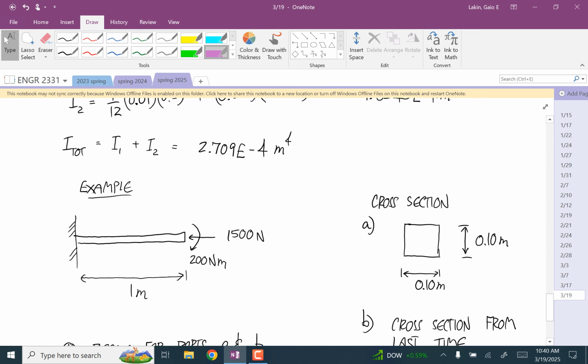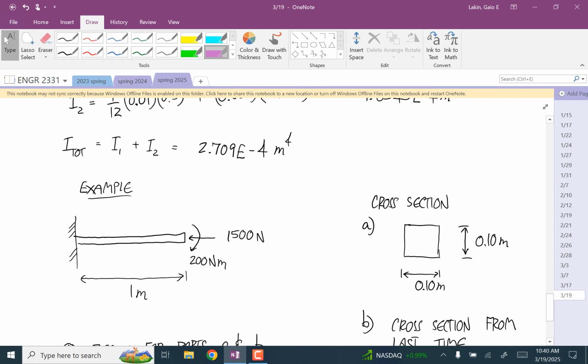Oh, one other thing. That's a weird way to produce a bending moment. Why did I do it with that couple at the end? Why didn't I just put a downward force at the end here? To keep it one cut. If I put a downward force here, it would still be one cut.